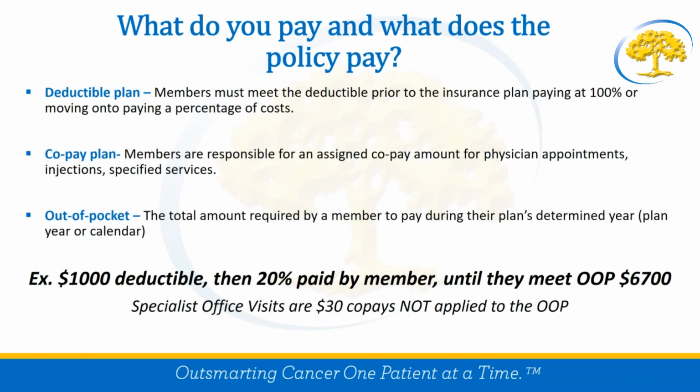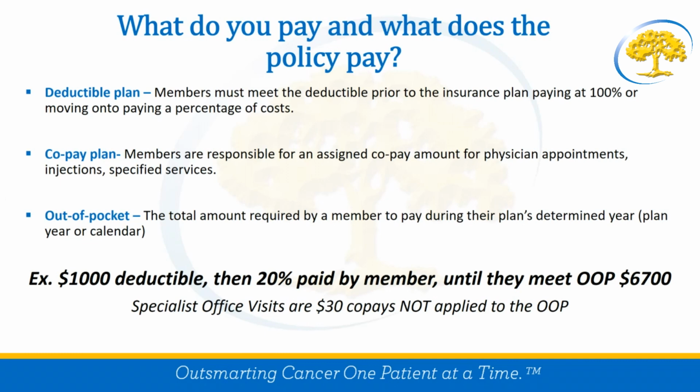So when it comes down to it, what are you responsible for? And then what is the insurance finally going to pay after you're paying for a policy every month? Well, for a deductible plan, for example, down at the bottom here, if you have a $1,000 deductible and then your plan states that you're to pay 20% until the out-of-pocket of $6,700, you are responsible for that $1,000 deductible first.